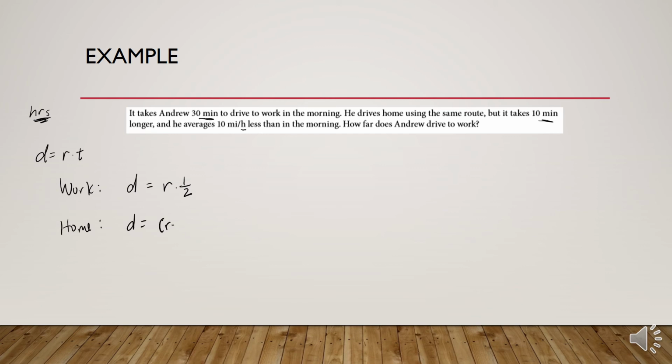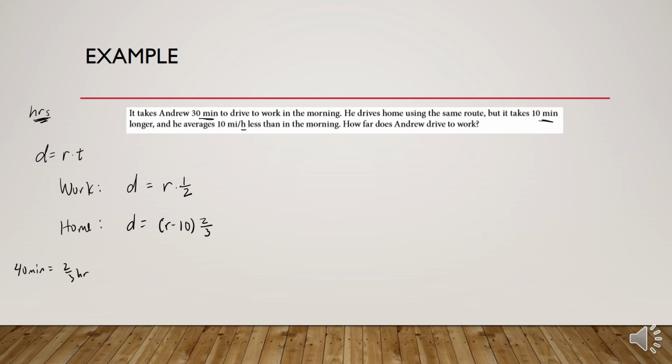So his rate was the original rate minus 10. And his time was 2/3 of an hour because it took him 10 minutes longer, which is 40 minutes. 40 minutes equals 2/3 of an hour.